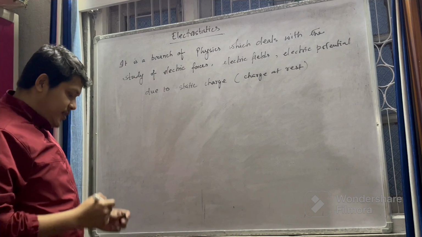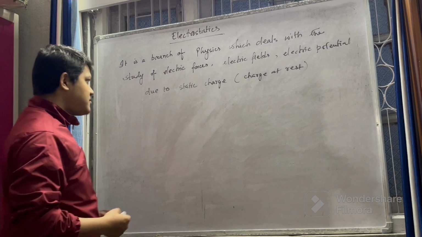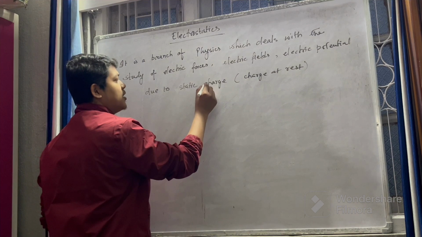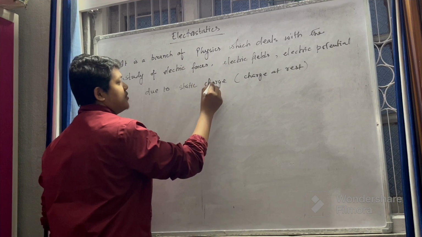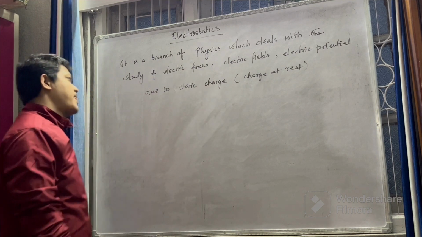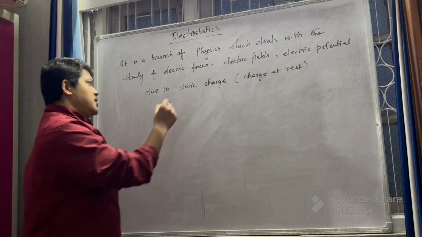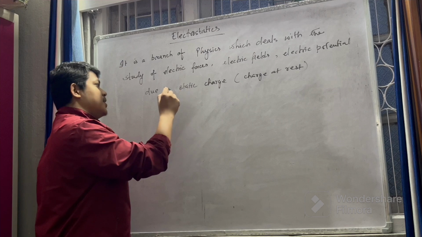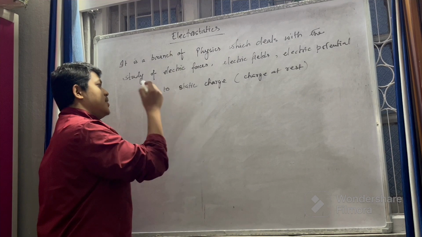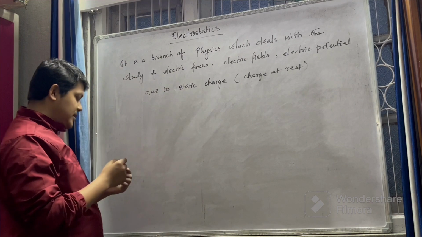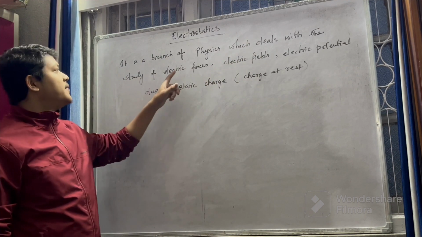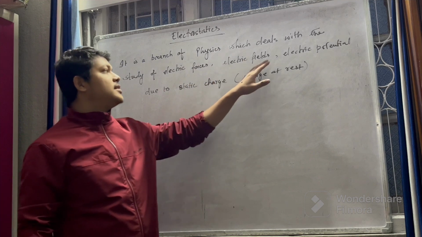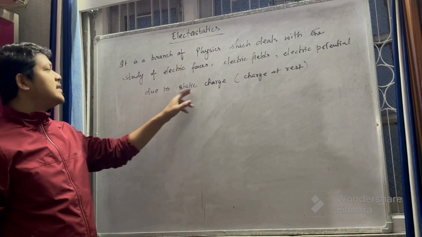Okay. So now, what do you mean by charge? As we have got here, it is a branch of physics which deals with the study of electric forces, fields, electric potentials due to static charge.